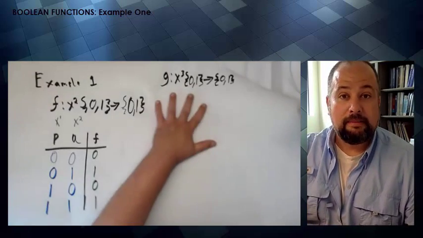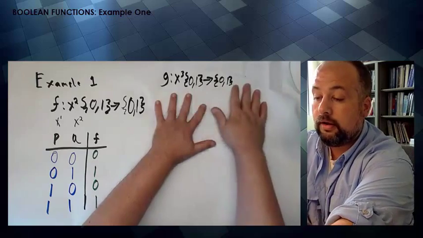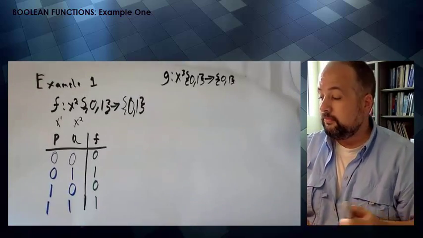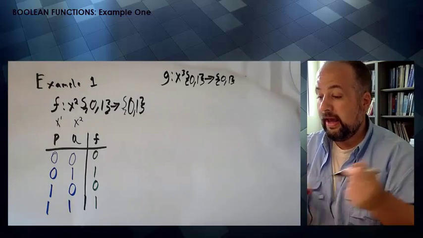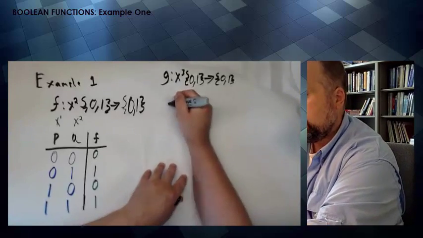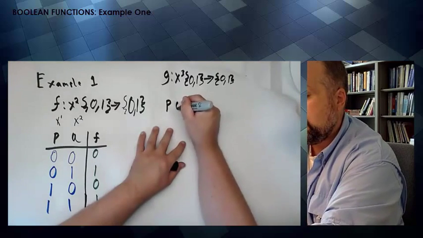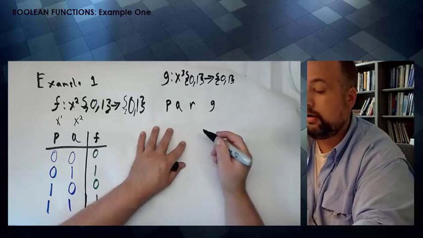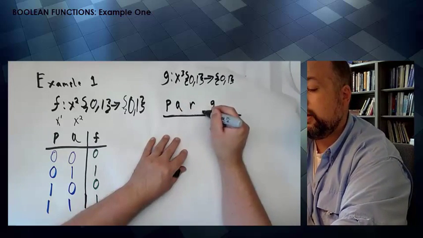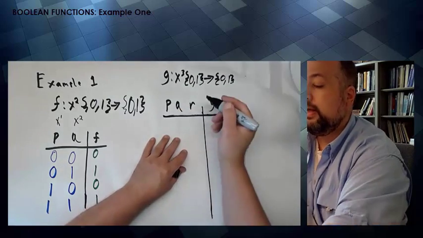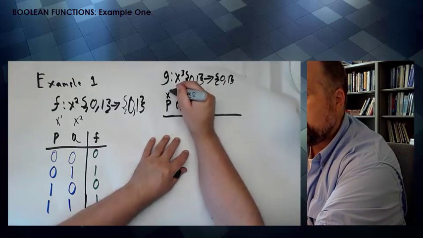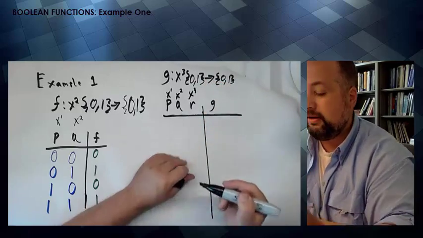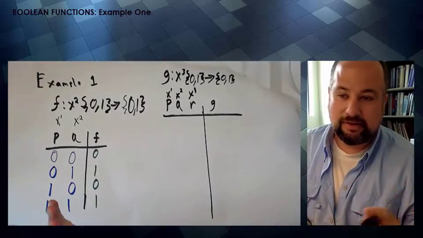And let's do the same thing for our function g up here. Again, we're going to define our inputs as p, q, r, and then g, because that's our function name. And this is the same as x to the 1, x to the 2, x to the 3, right? It means exactly the same thing.